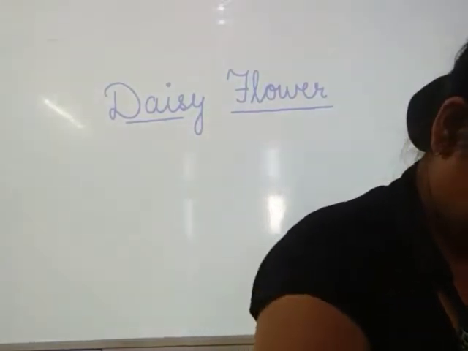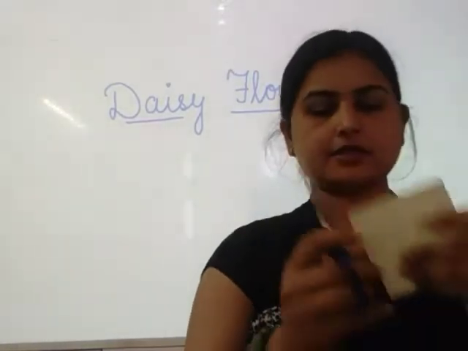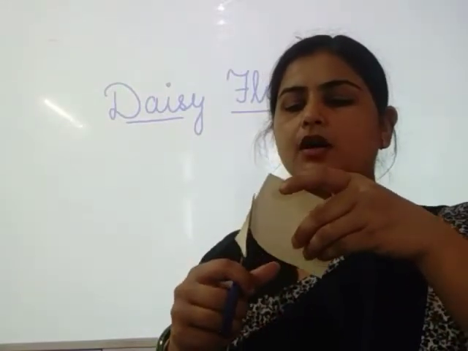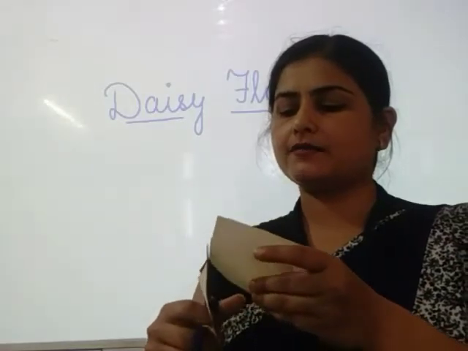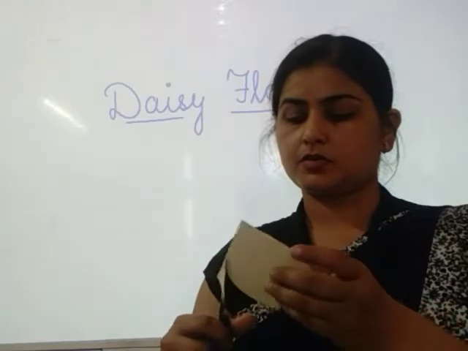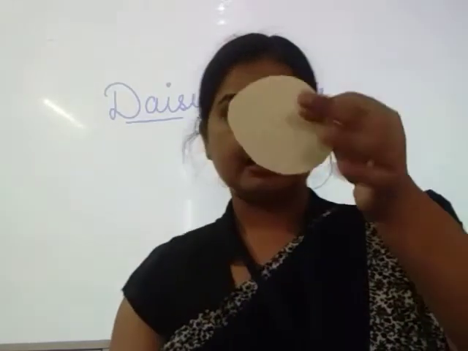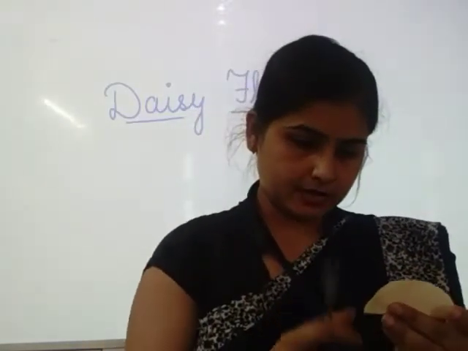Okay. So I am cutting the paper in the shape of circle like this. You can use any circular object for drawing a circle on a piece of paper, and after that you can cut it. So I have got the circle like this, and now I will paste it over the petals.